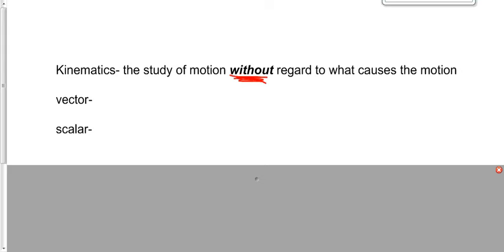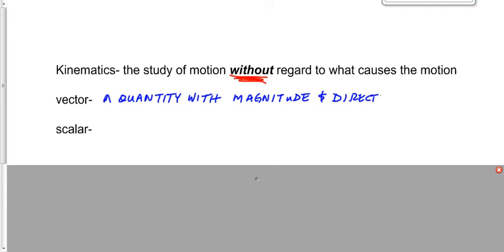A vector is a quantity with magnitude and direction. Listen, if I give you a quiz on this and I ask you for an example of a vector, don't tell me vector cereal. It's not an example. It's a way to remember what's a vector and what's a scalar.